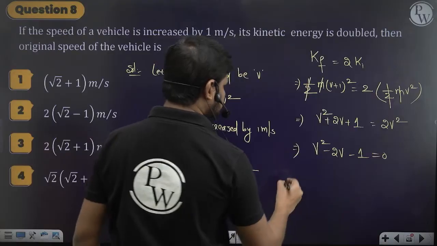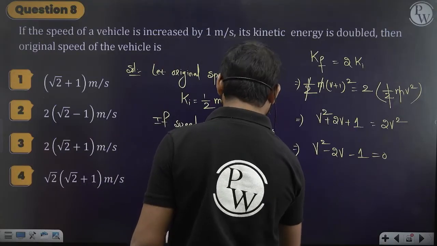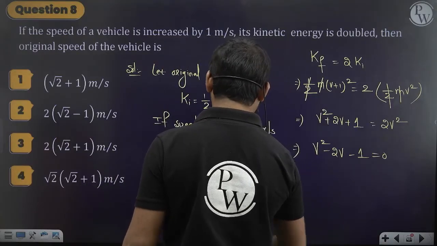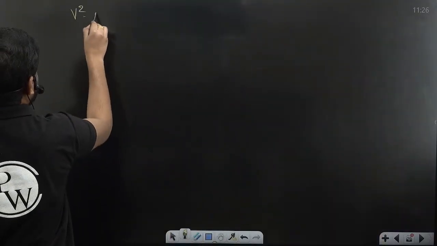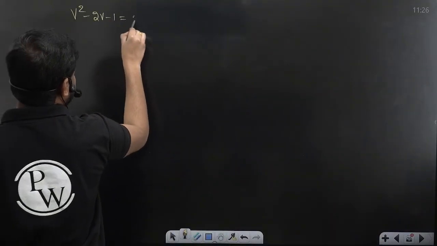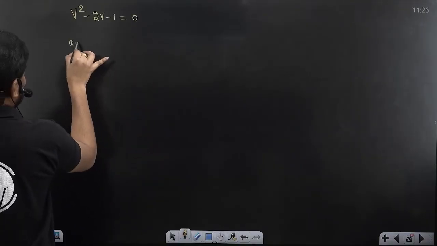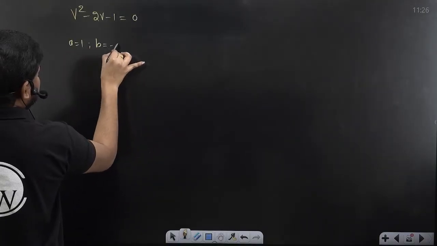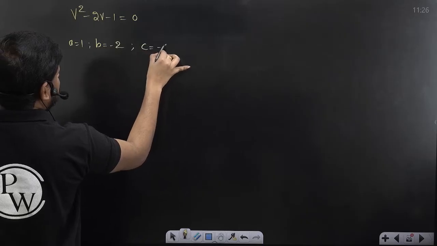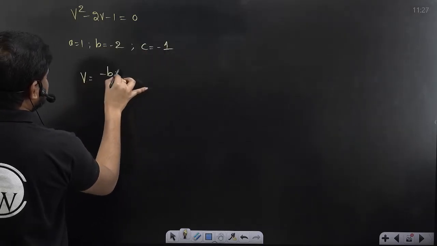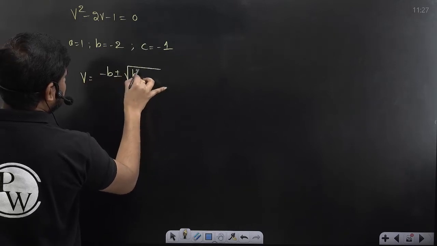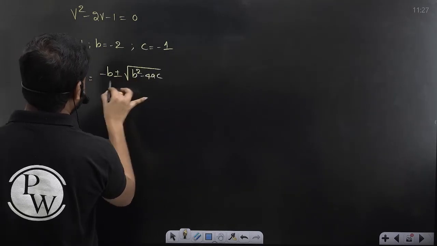Yes, fine. So now let's do it by the quadratic formula. Let's write here v square minus 2v minus 1 is equal to 0. So a is equal to 1, b is equal to minus 2, c is equal to minus 1. So I am using the quadratic formula: v is equal to minus b plus or minus square root of b square minus 4ac, by 2a.